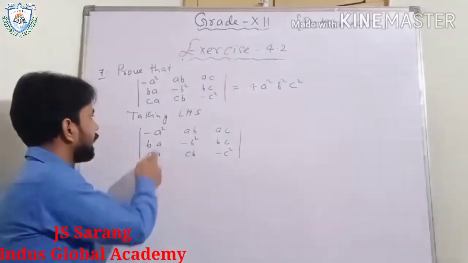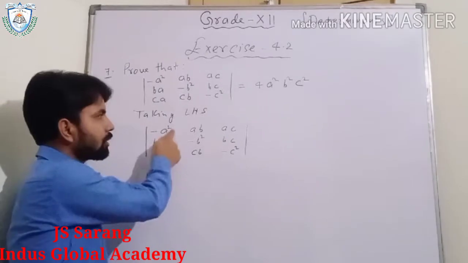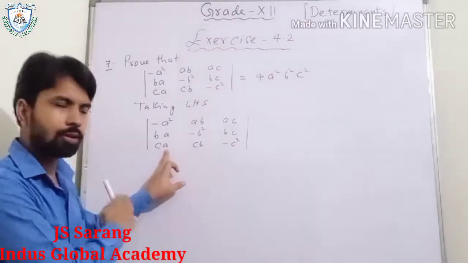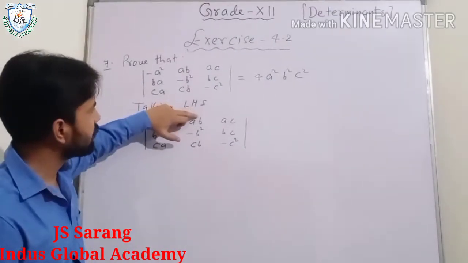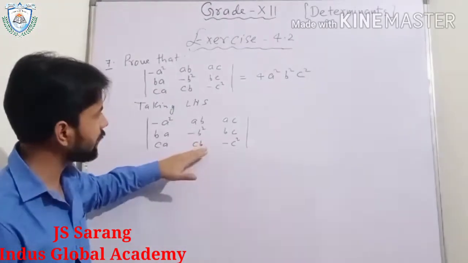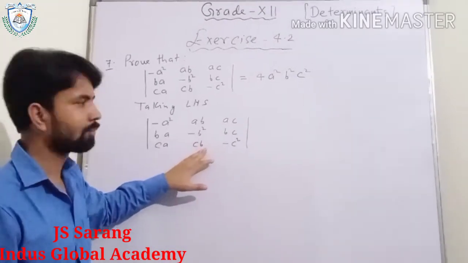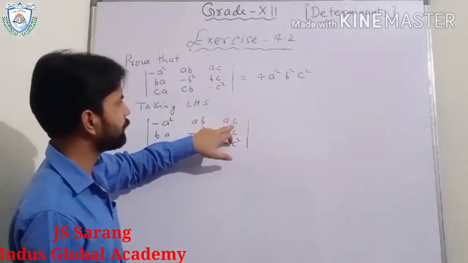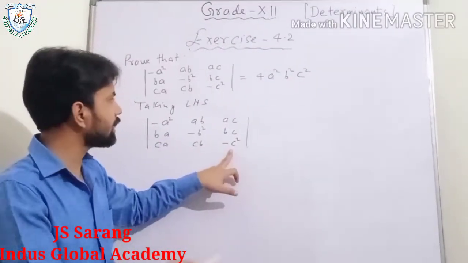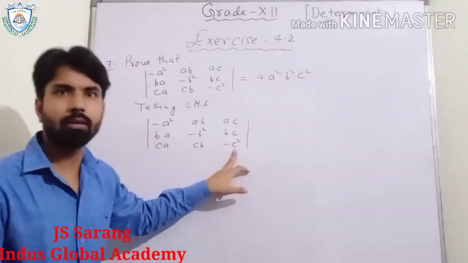So we can take a common from the first column. See, b is present here, b square is here, b is here, and we can take b as common from the second column. Similarly, c is present here, c is present here, c square is here. So we can take c as common from the third column.